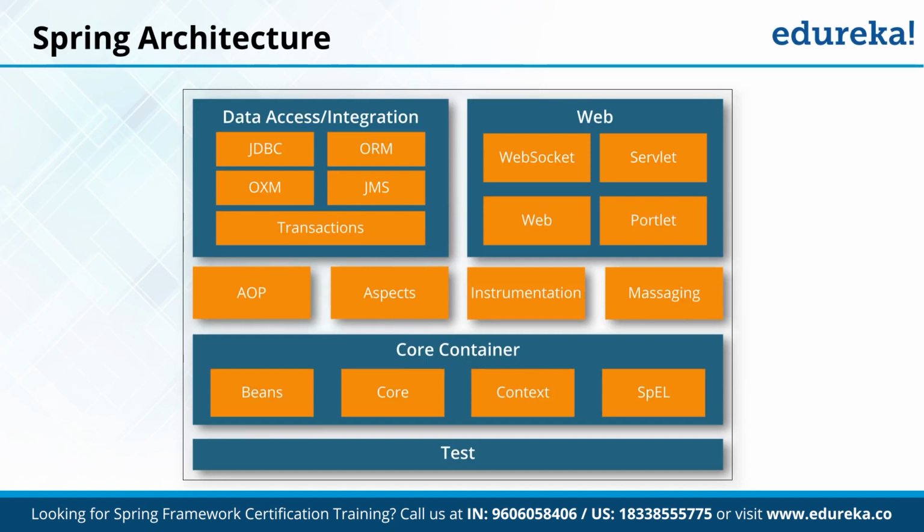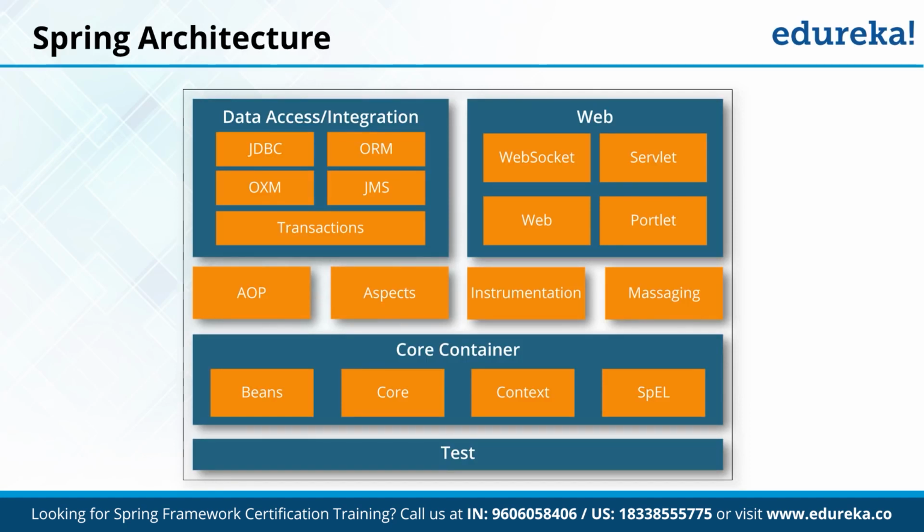So this is the major and main layer of your Spring Framework, right? Here we got inversion of control and dependency injection, which is used in the upper layers evenly. And this forms the core part of your Spring Framework. On top of the core container, we got AOP, aspects, instrumentation, and messaging.